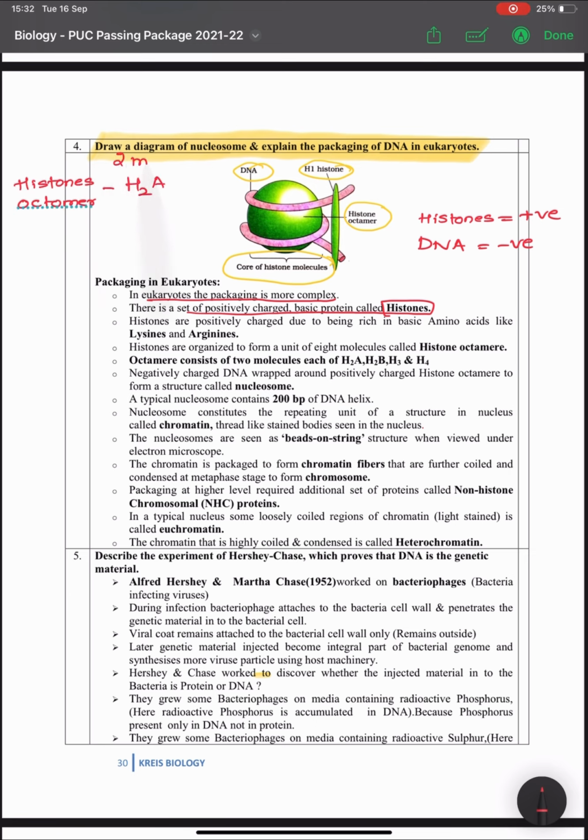The histone octamer contains two molecules each of H2A, H2B, H3 and H4. Together they form an octamer. Histones are rich in basic amino acids like arginine and lysine.